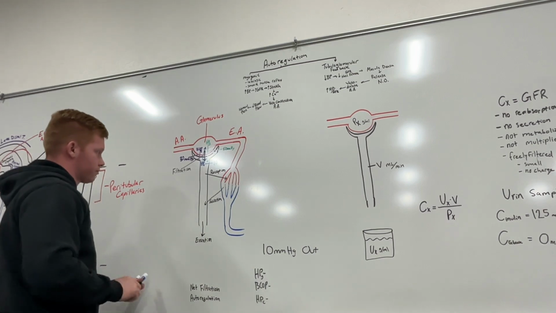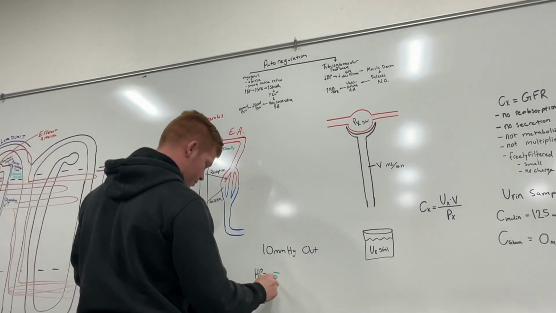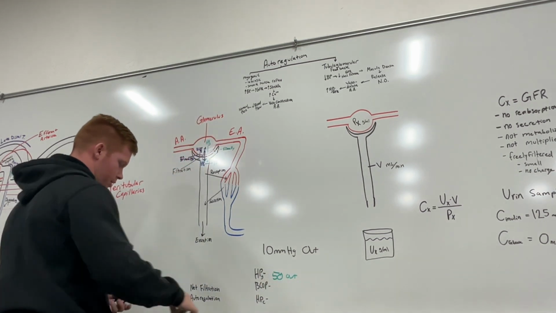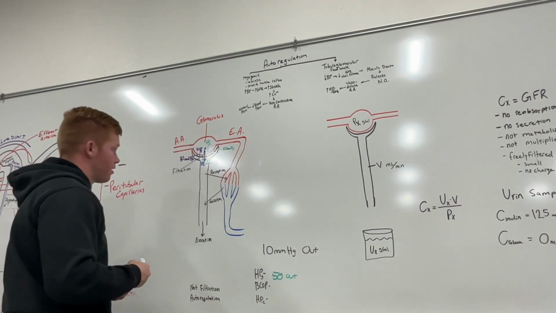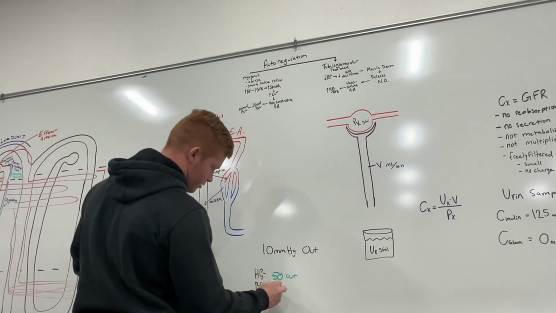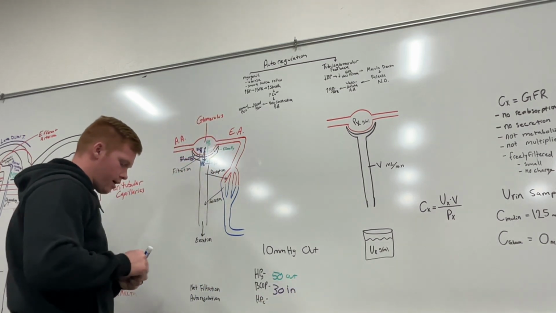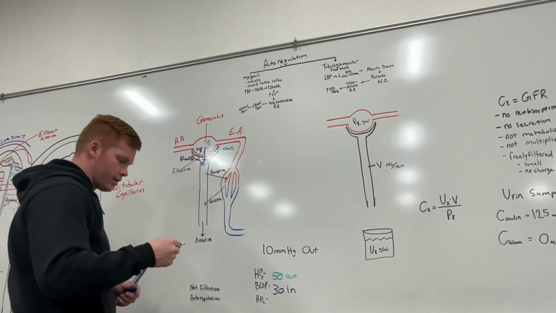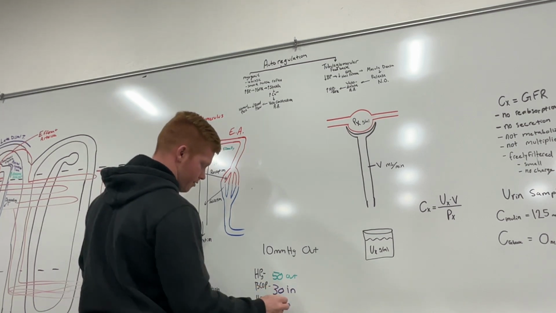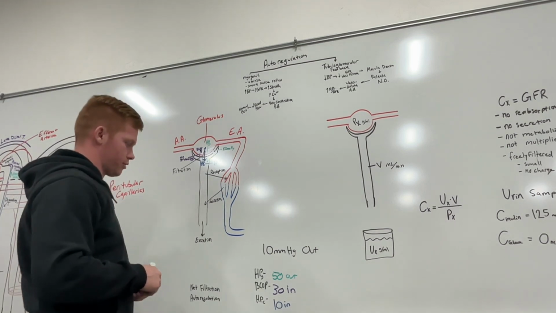Let's add up these numbers. We have 50 out for the hydrostatic pressure coming from the glomerulus. We have 30 going in for BCOP, that's within the glomerulus. And lastly, we have 10 going in from the hydrostatic pressure from the Bowman's capsule.